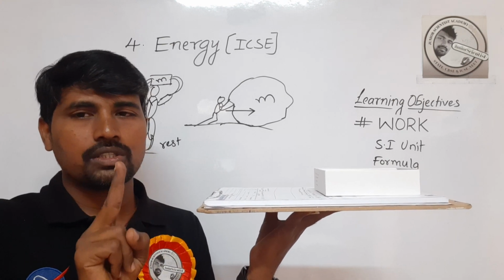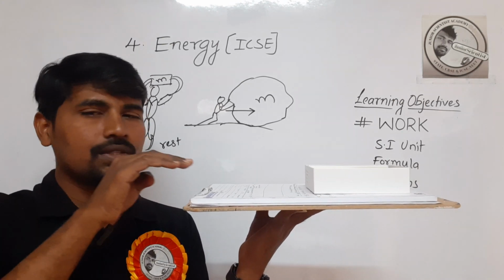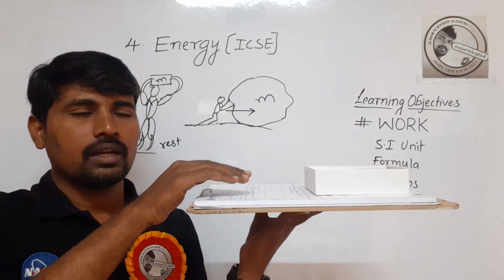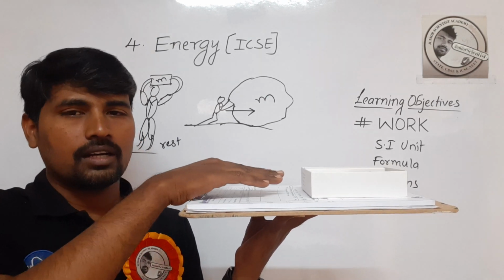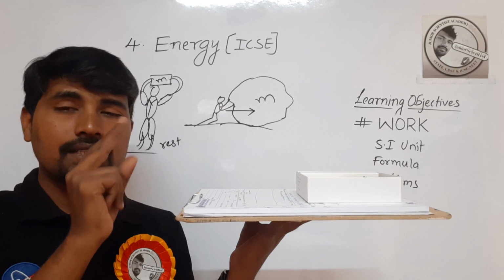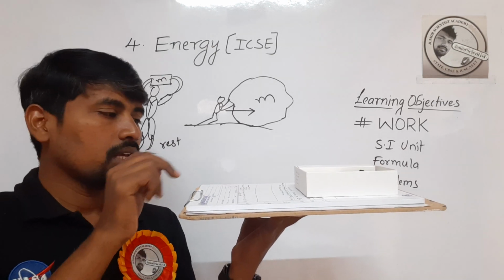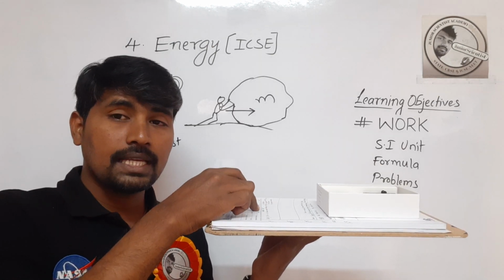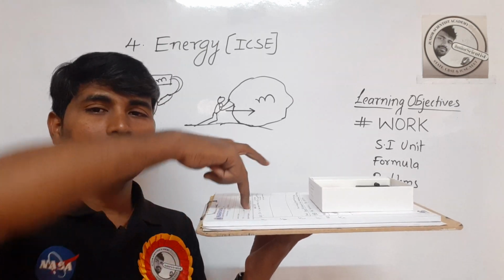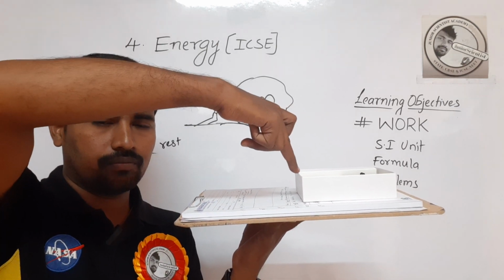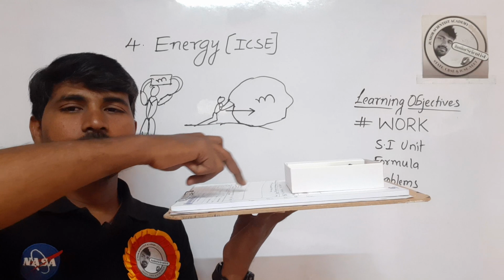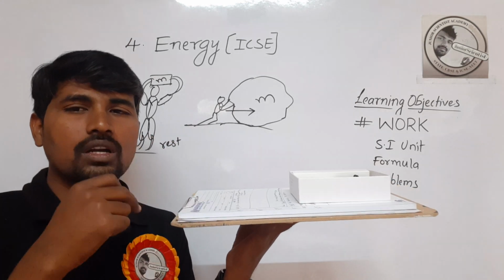Two very clear observations. One, force is applied on the object in this direction, and the second observation is that the object was displaced from this point to that point. Object displaced means what?